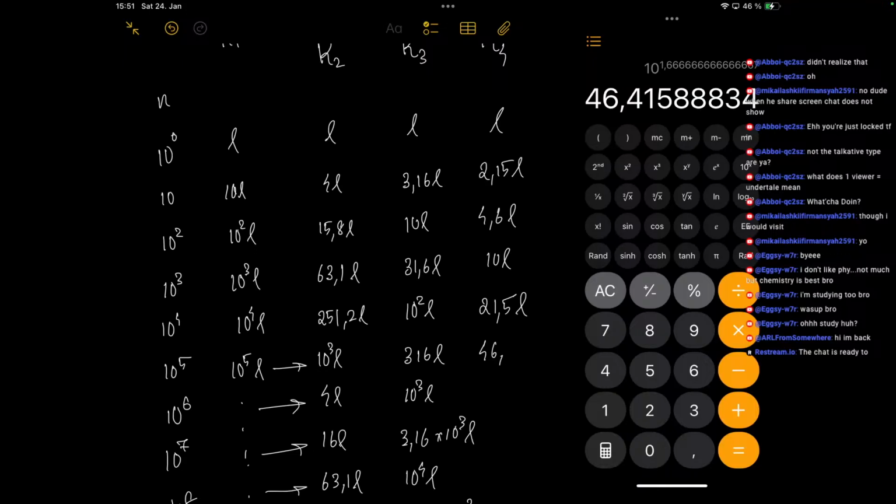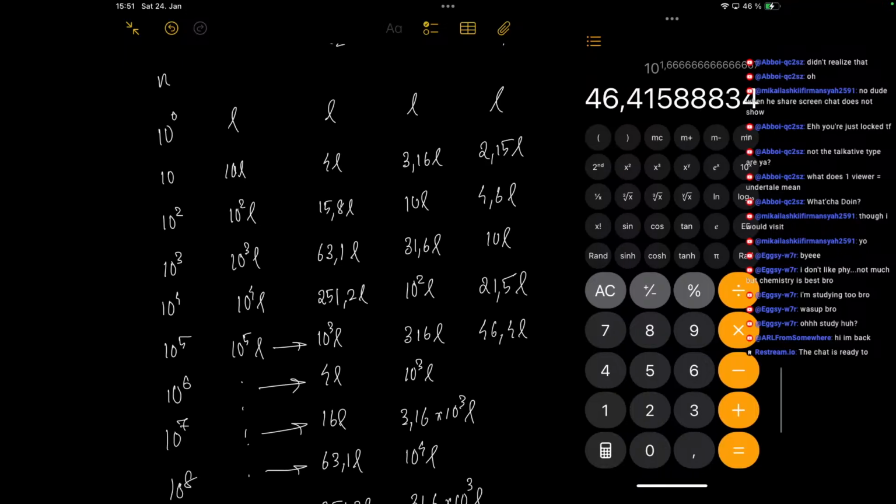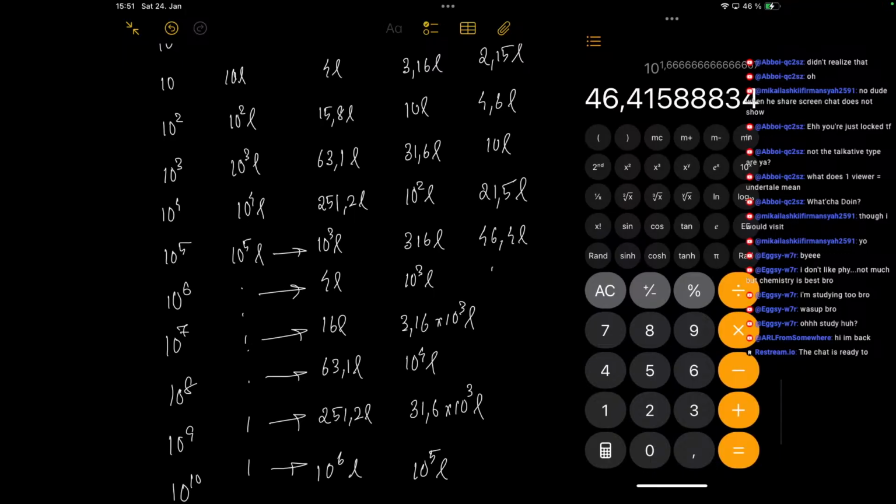I hate this type. Let's just say 46.4 L. 6 by 3, 10 square L.